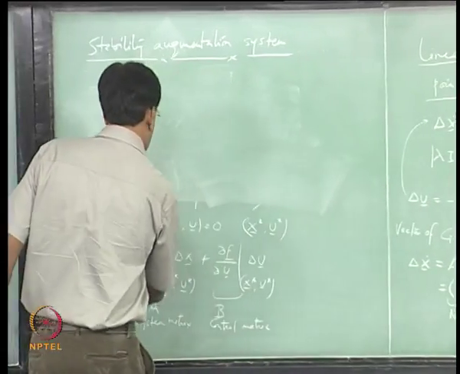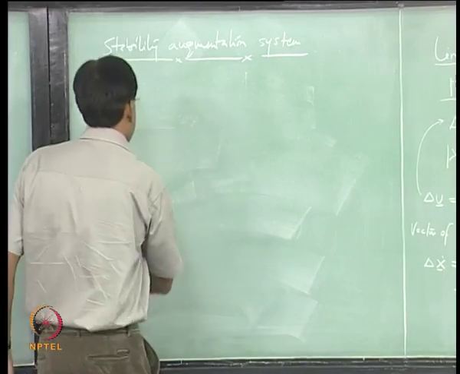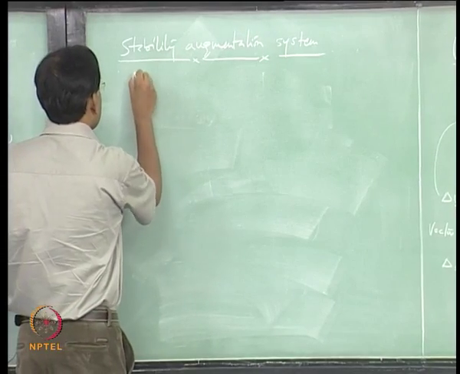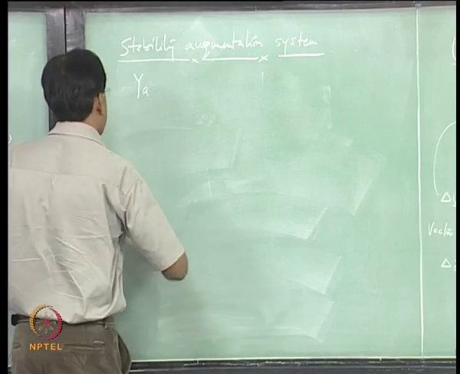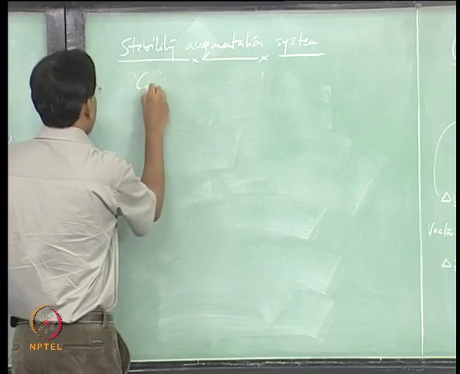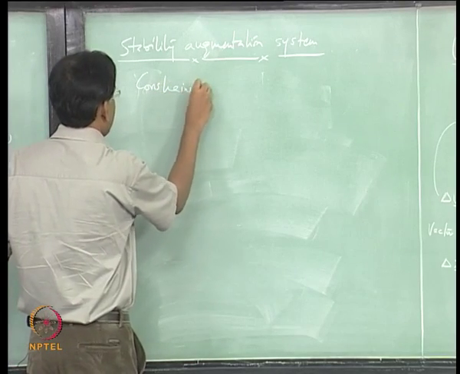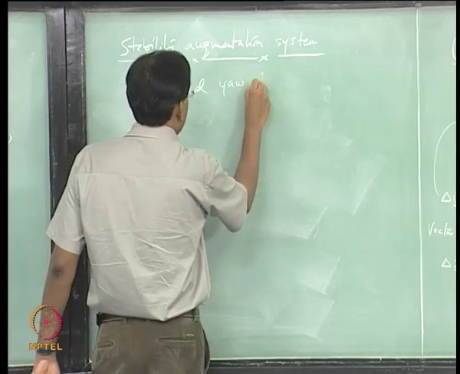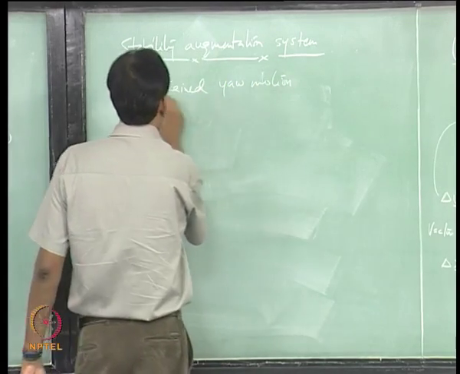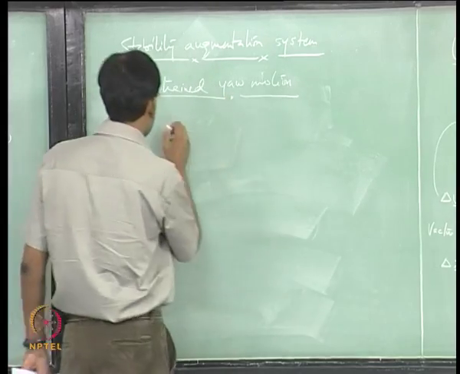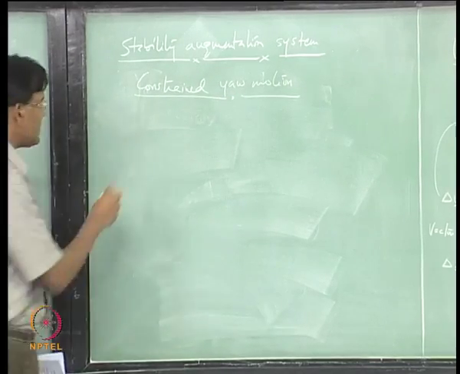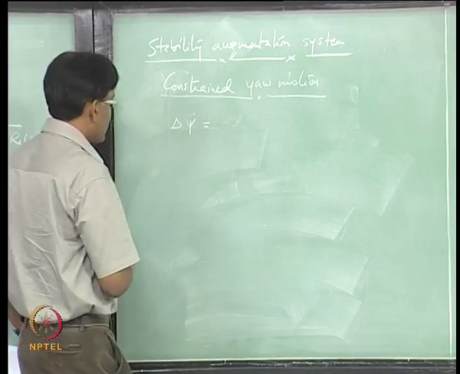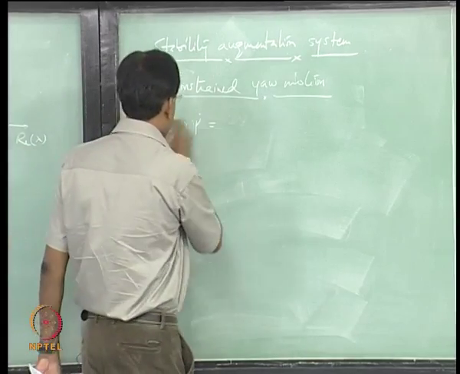Let us look at one example here. We talked about the constrained yaw motion of aircraft in one of the lectures, about an equilibrium condition, and the linear equations for that particular case.